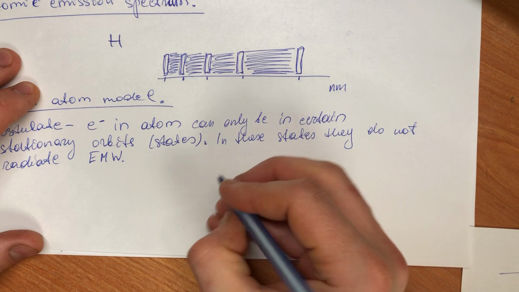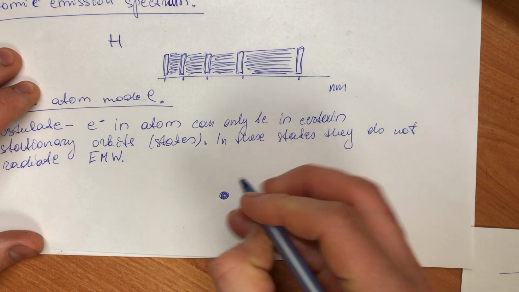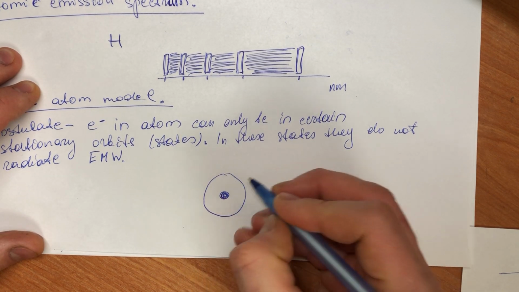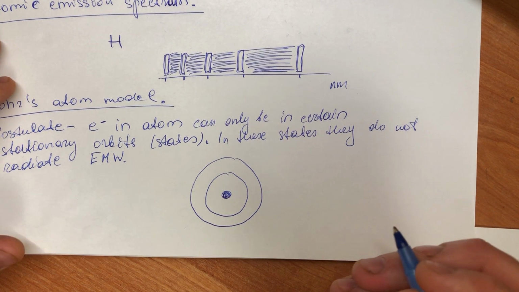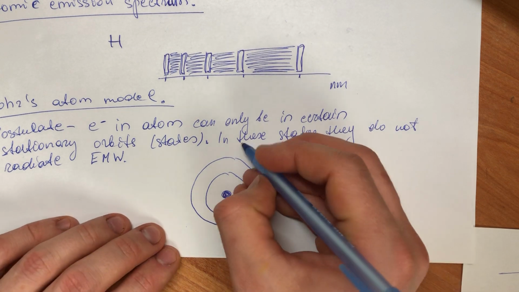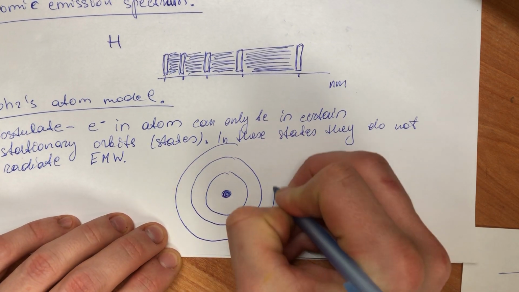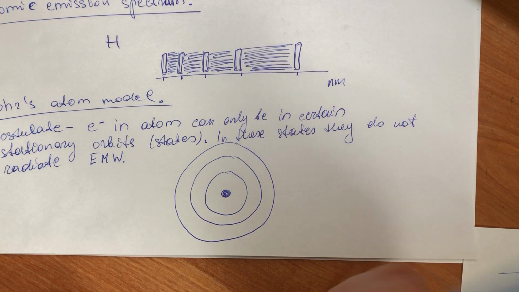The illustration of this is that we have a nucleus and, let's say, orbits of electrons.